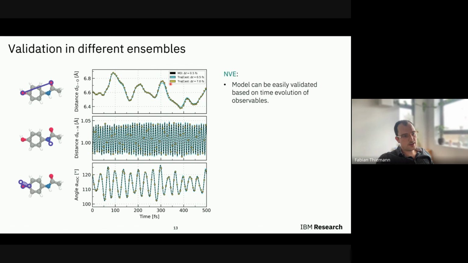And then we're showing the largest time step we investigated here, which is a time step of 7. So that's 14 times larger. We're plotting it all over each other. I hope you can see it. If you can't, that's a good sign, I'd say. And at least for these shorter times, you can see that the model really captures the complete dynamic behavior of the system across different frequencies, which we were quite impressed by.